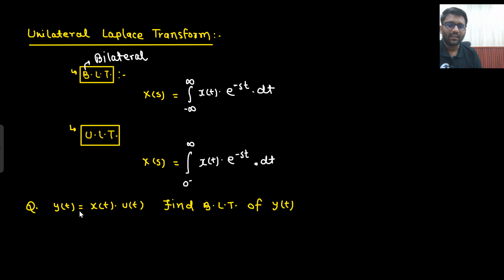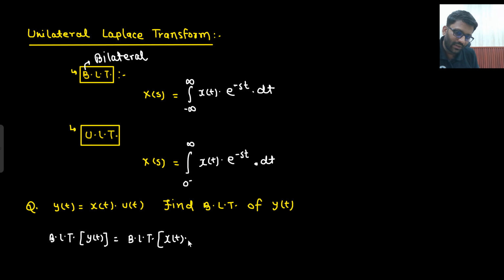The formula is from 0 minus to infinity x(t) e^(-st) dt. Everything else is the same. Now let me know, if y(t) equals x(t) times u(t), then what will be the bilateral Laplace transform of y(t)? Can that be written as the bilateral Laplace transform of x(t) u(t)?